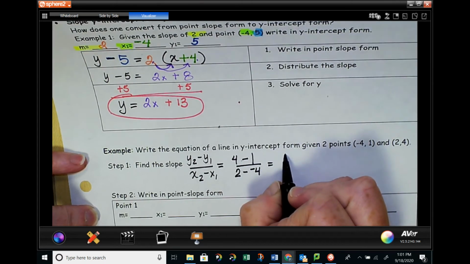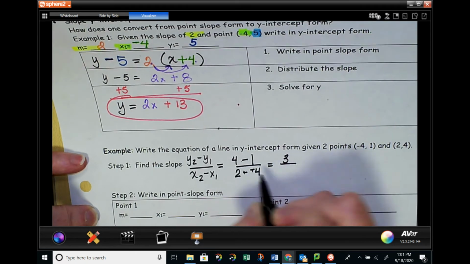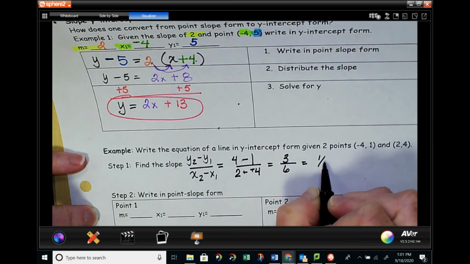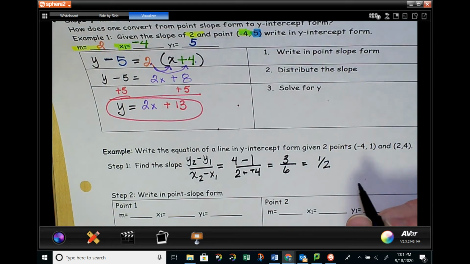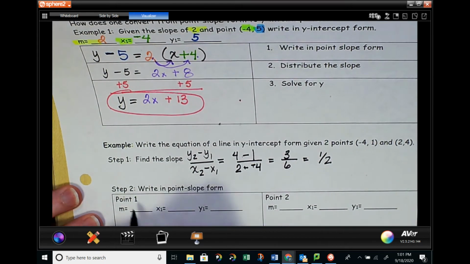So 4 minus 1 is 3, and a negative is a positive, so 2 plus 4 is 6. That reduces to 1/2. So my slope is 1/2.